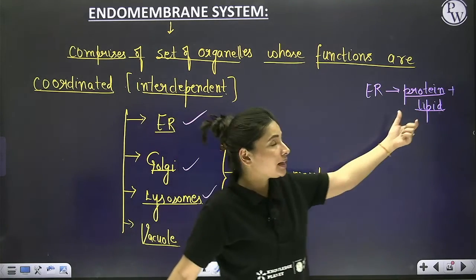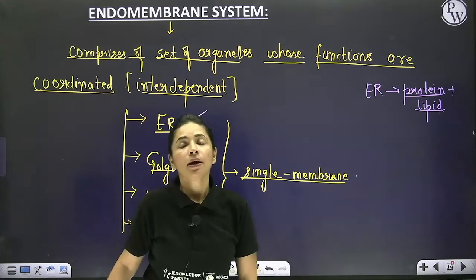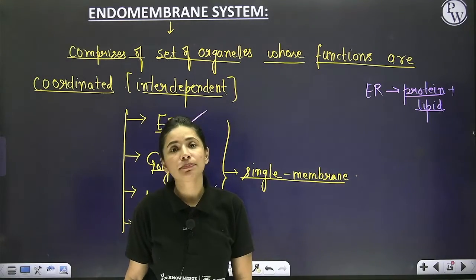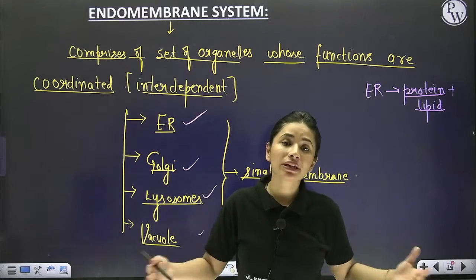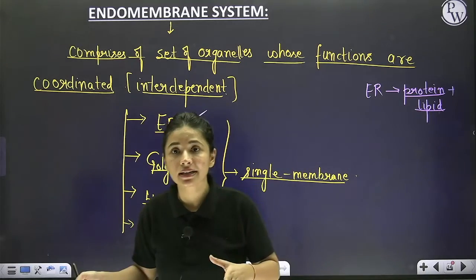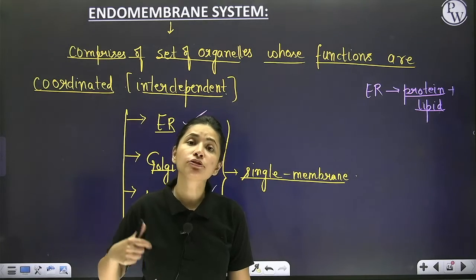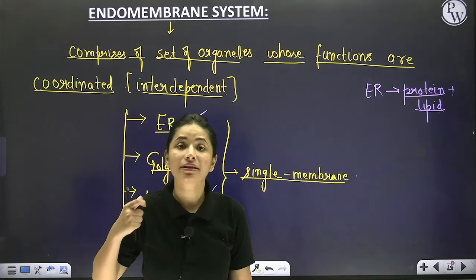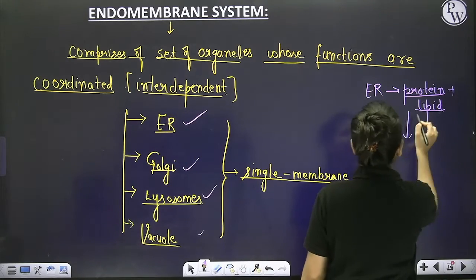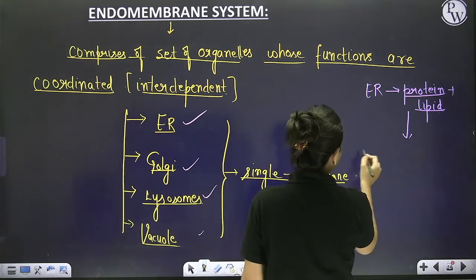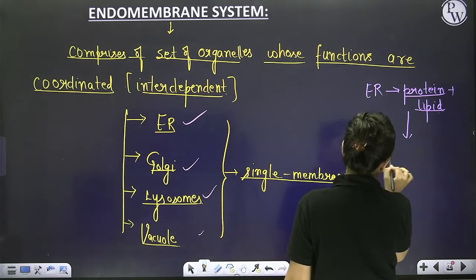The same thing has to happen over here also. ER may synthesize protein and lipid, but this protein and lipid is right now not capable of being utilized anywhere, either inside the cell or outside the cell. It needs modification, it needs changes, and for those changes, these proteins and lipids will be sent to the second cell organelle, Golgi.